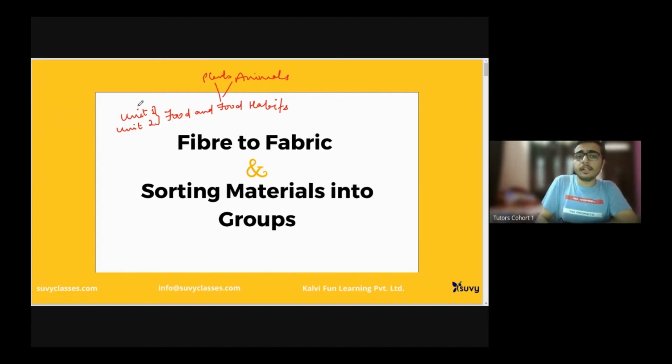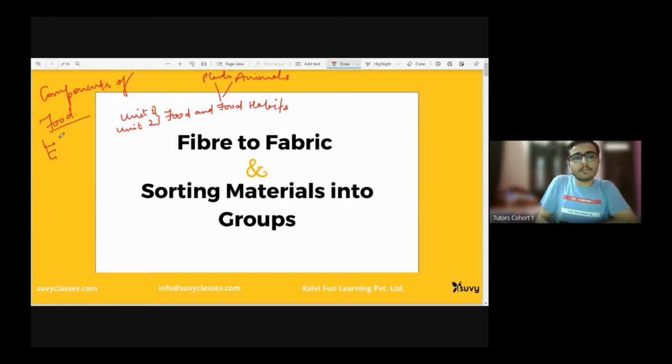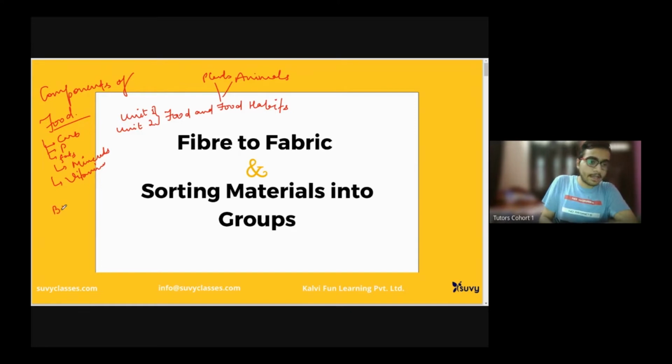Then we moved ahead to components of food, where we studied various nutrients: carbohydrates, proteins, fats, minerals and vitamins. Then we went for balanced diet.